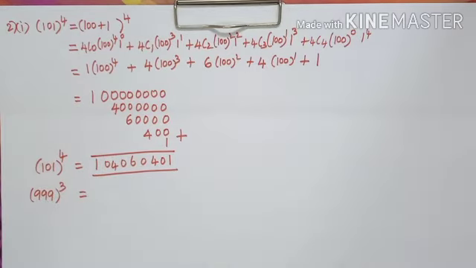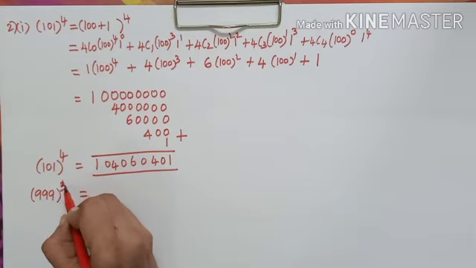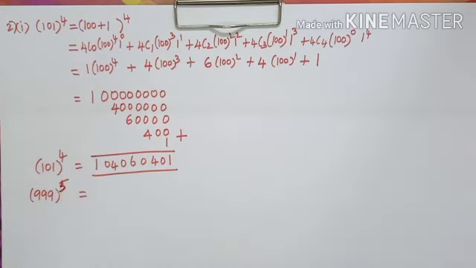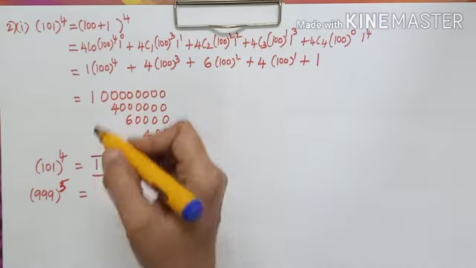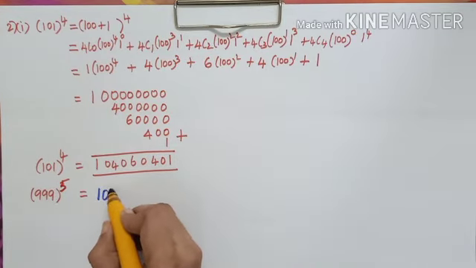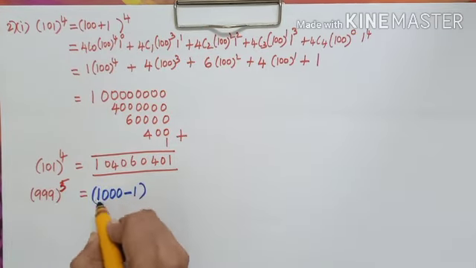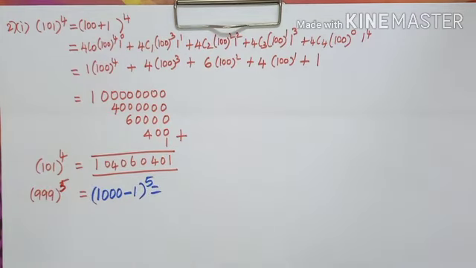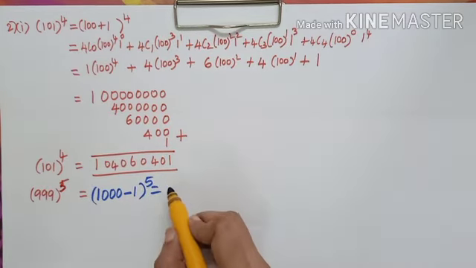999 the whole power 5. How to write 999? 999 can be written using tens, hundreds. I can write (1000 minus 1) power 5. So what is this expansion?